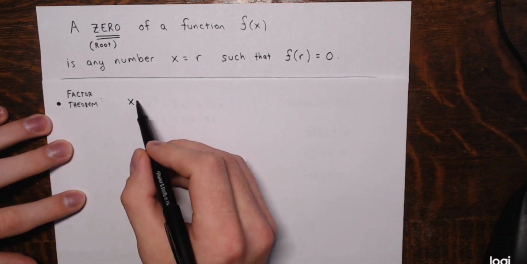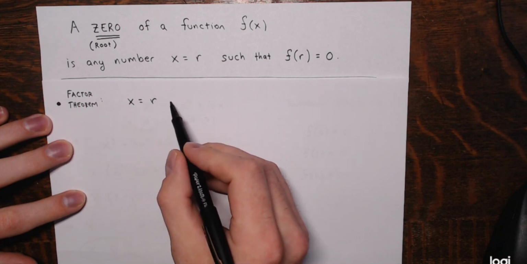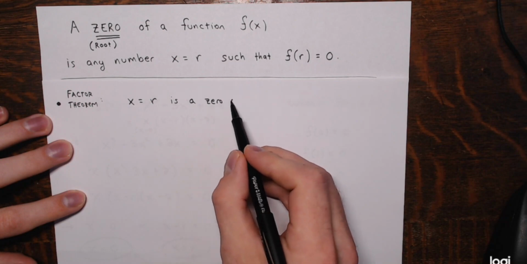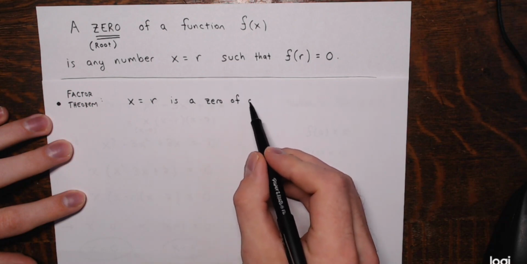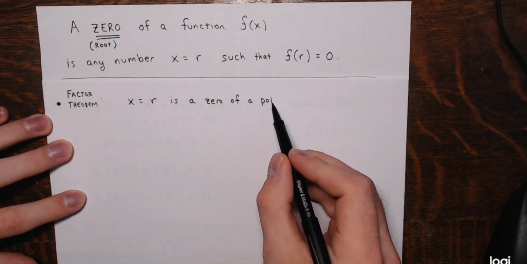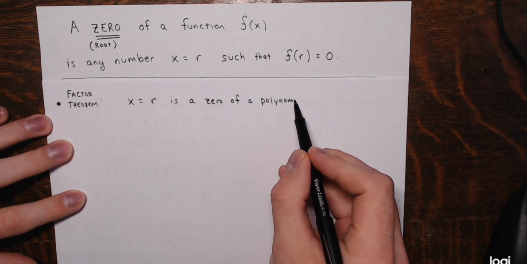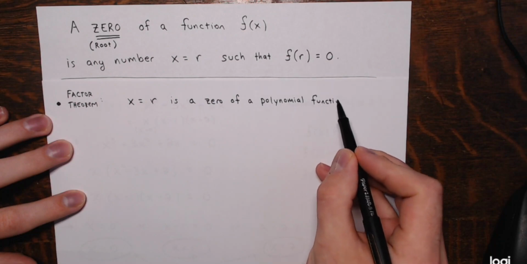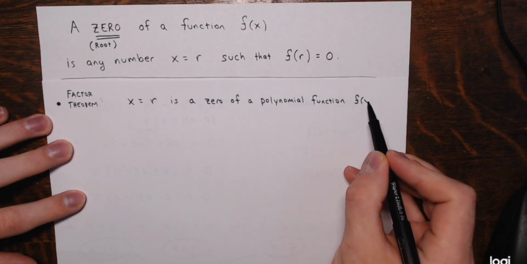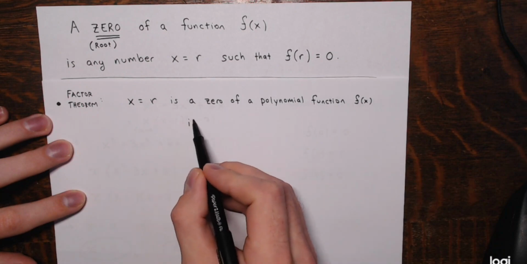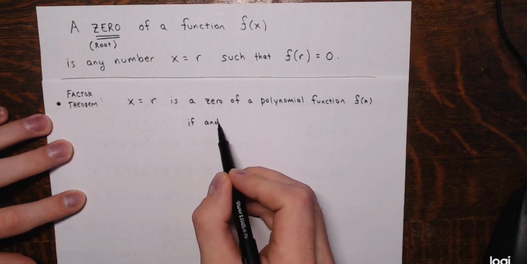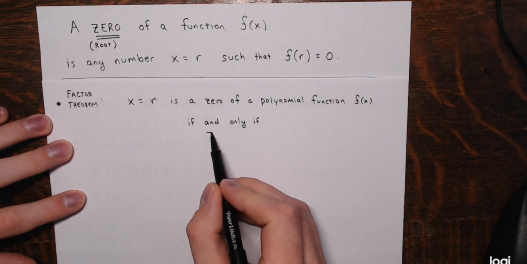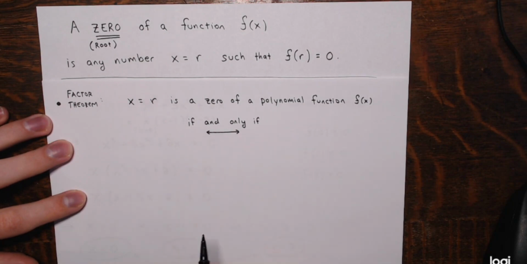X equals r is a zero of a polynomial function f of x if and only if, and this just means that the implication goes in both directions.